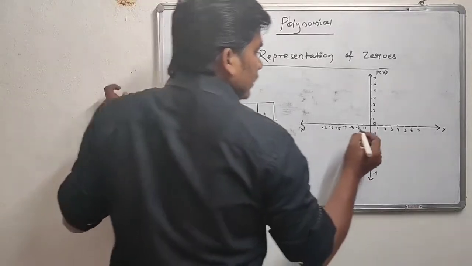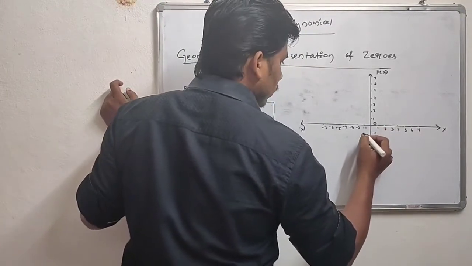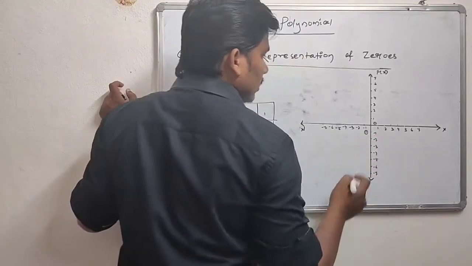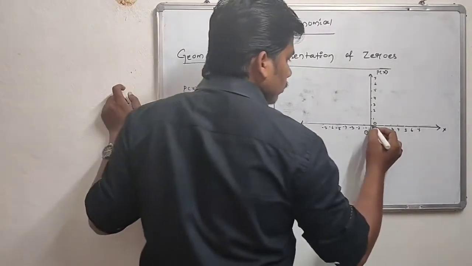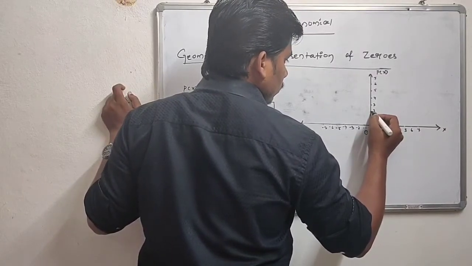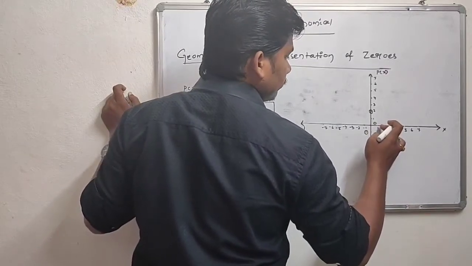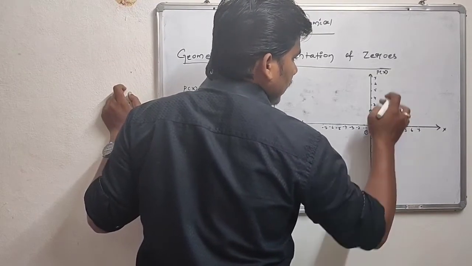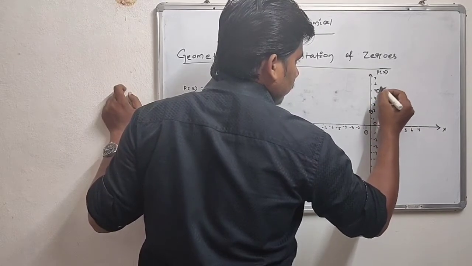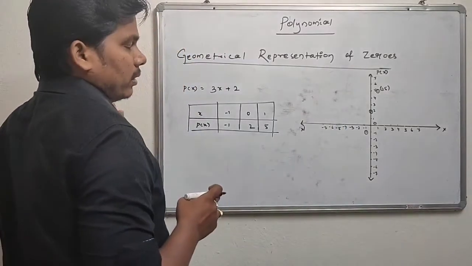See, here minus 1 and minus 1, and here 0 and 2, and 1 and 5. This is 1, 5. This is 0, 2, and minus 1 and minus 1.